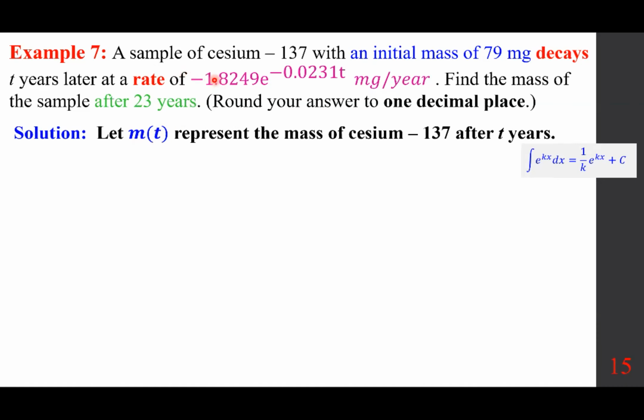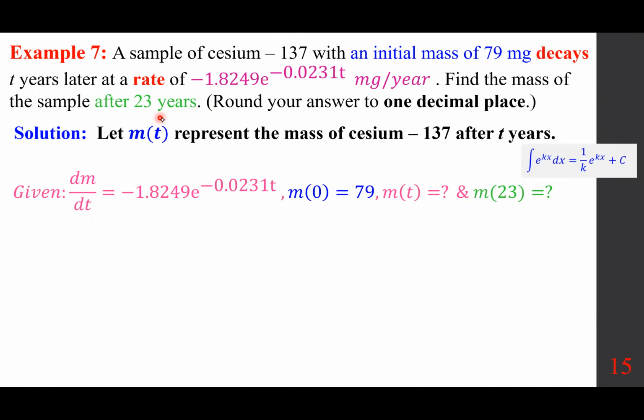So dm dt, the rate of decay, has this formula, has these units, and an initial mass. That means m of 0 equals 79, the same units, milligrams. So we should be able to find m of t first, and then m of 23.